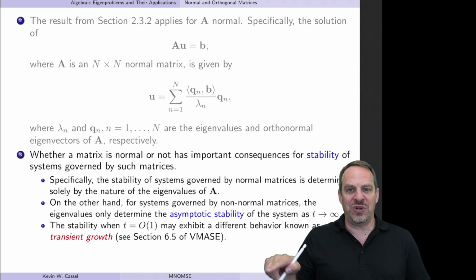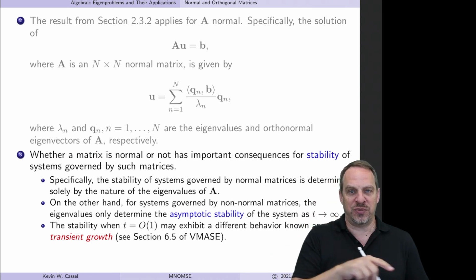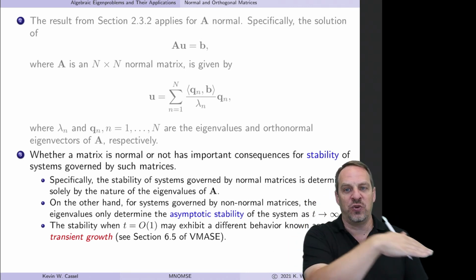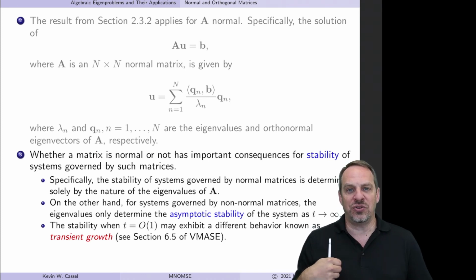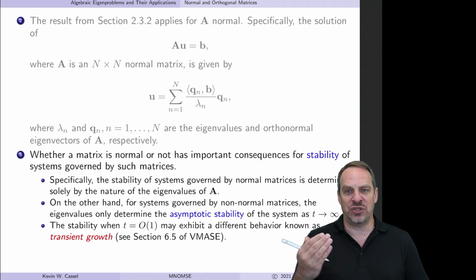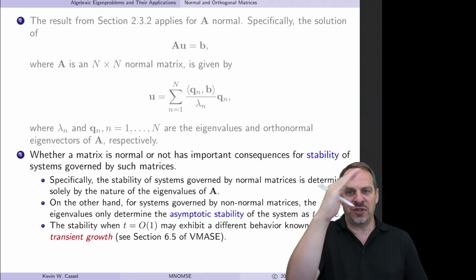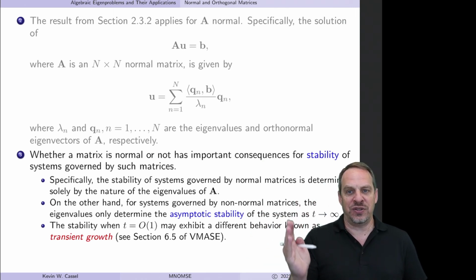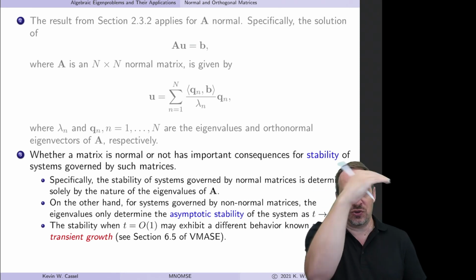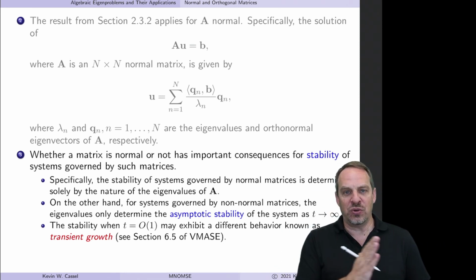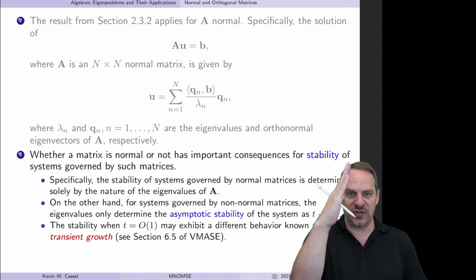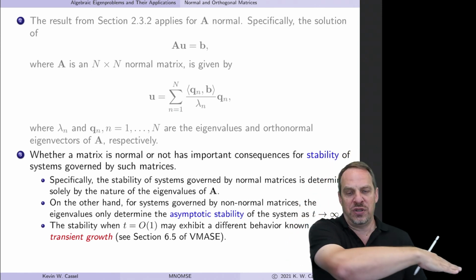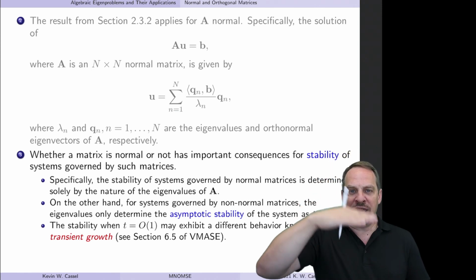But they don't tell you what happens in intermediate times, order 1 times, before we get to that long time asymptotic stability behavior. That's called transient growth. It's asking the question, in those early order 1 times, say you have an eigenvalue that says it decays, so everything is stable. But in that order 1 time for a non-normal system, it's possible you could get this transient growth of these amplitudes before it dies down. And what happens to those?